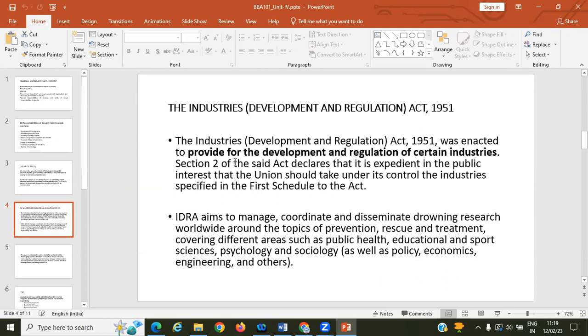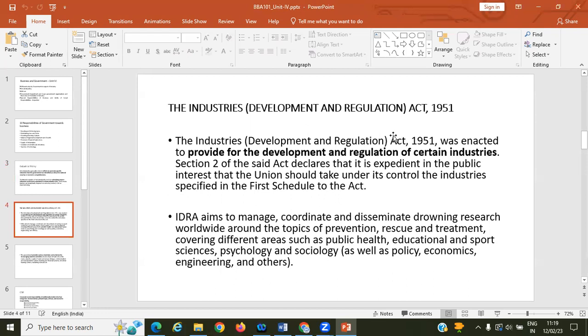There is another thing in the syllabus. You remember this objective type: IDRA, Industrial Development Regulation Act 1951. This act came in 1951. This will come in MCQ, so most of the time you will get this as an objective type question.